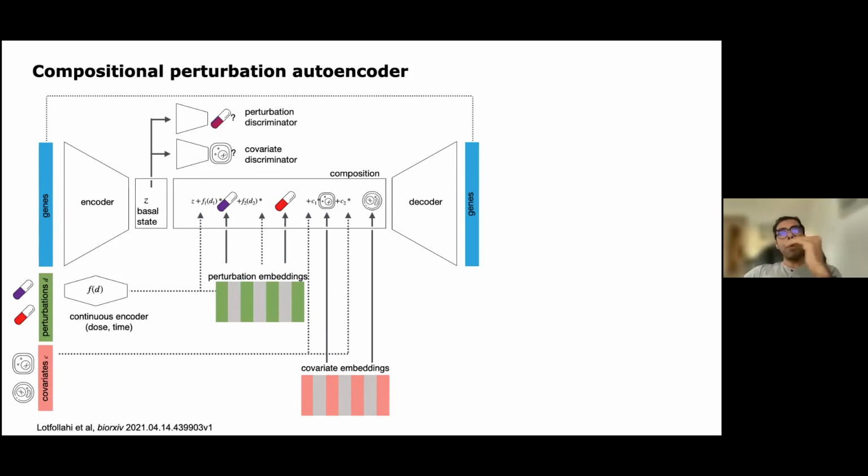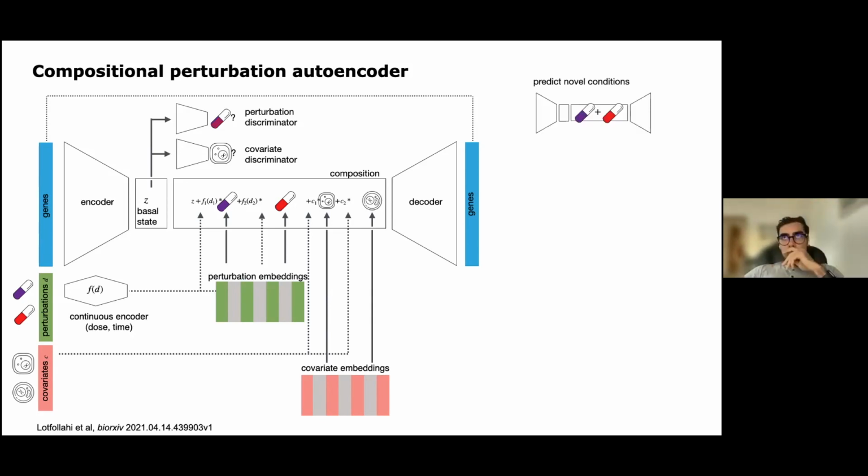And we learn a compositional generative process in the latent space. We add back the effect of covariates and perturbations by learning embeddings for each, and scaling them with a continuous encoder, which encodes the time or dosage of a certain drug. So we add all of them back, and then we predict the gene expression.